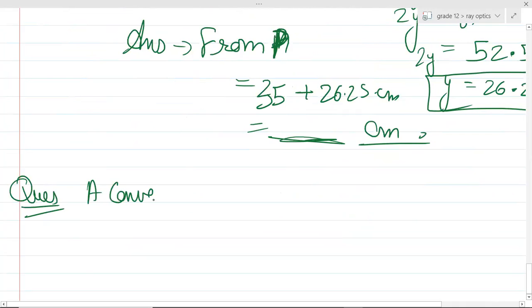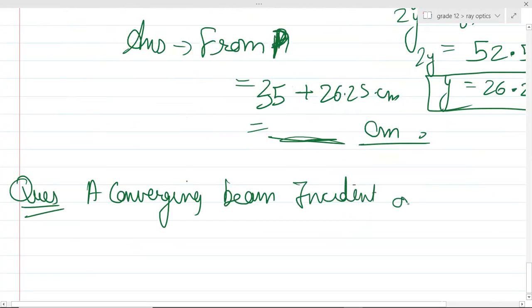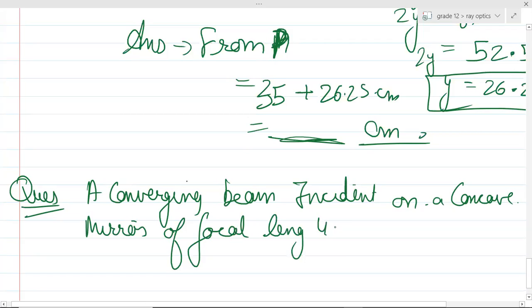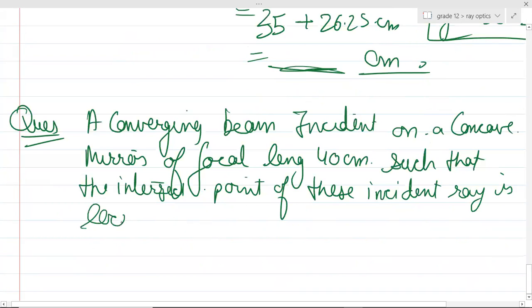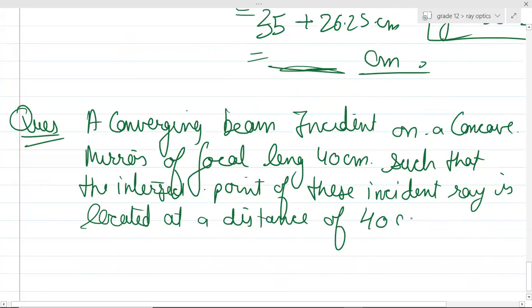A converging beam is incident on a concave mirror of focal length 40 centimeter such that the intersection point of these incident rays is located at a distance of 40 centimeter on the principal axis behind the mirror.